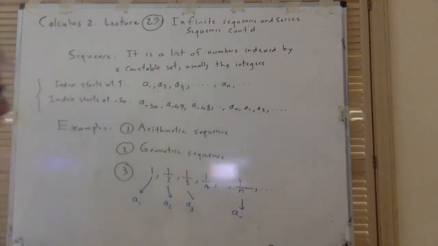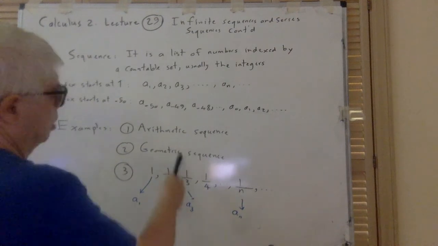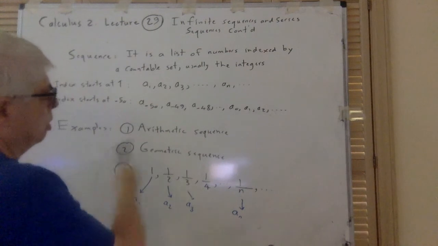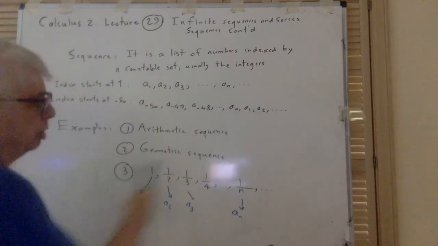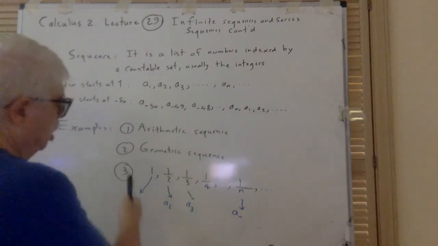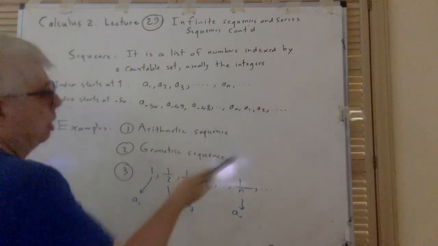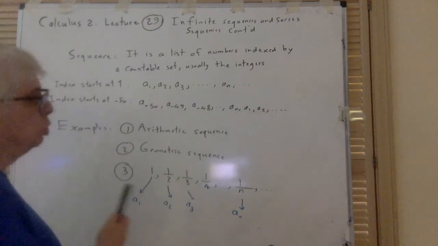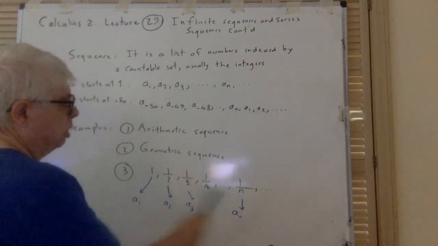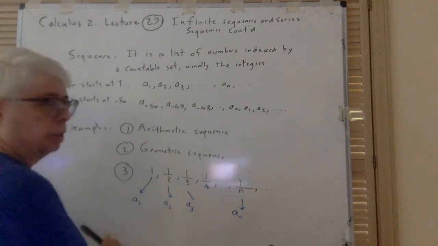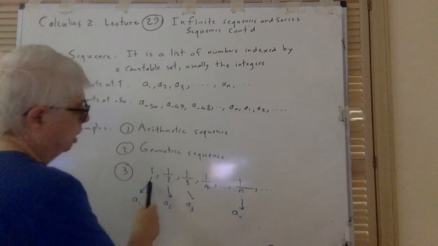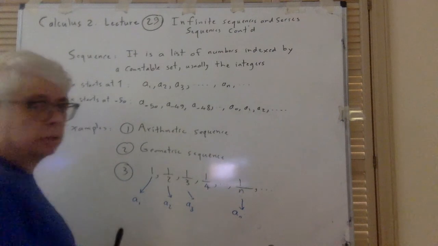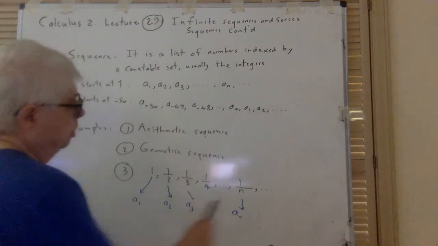Now, remember yesterday I talked about the sum of a geometric sequence, and I showed that in some cases that sum converges when it's an infinite geometric sequence. Now let's look at this one. I'm not adding them, but you can see that these numbers are going down.